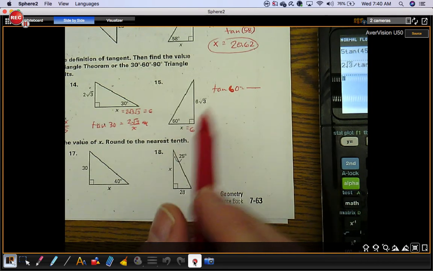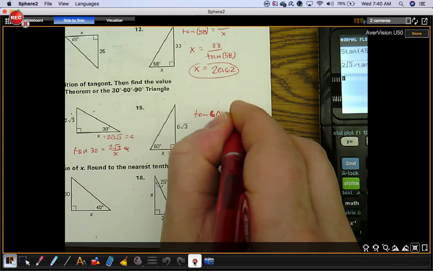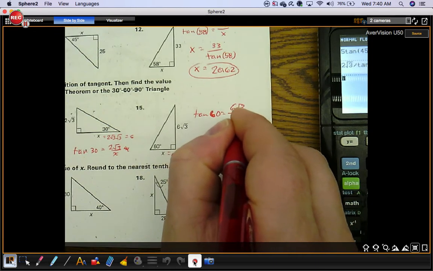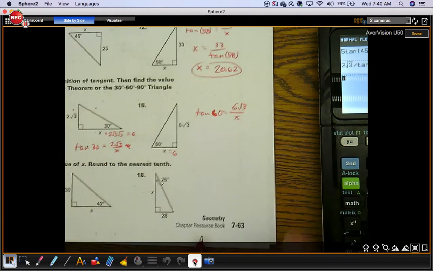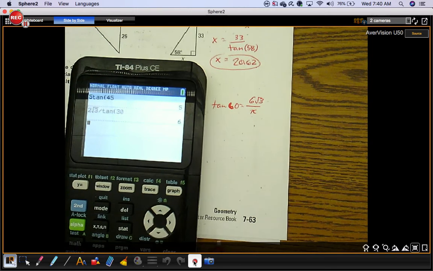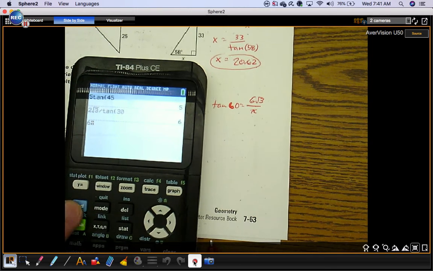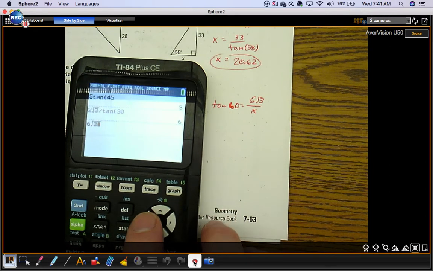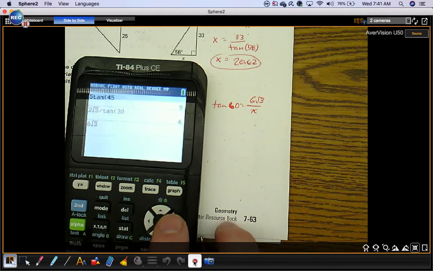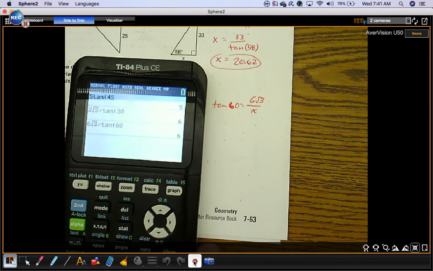We have a leg, we want a leg, that's why we're using tangent. What is 6 square root of 3 divided by tangent of 60? It better be 6. And did it again. There we go.